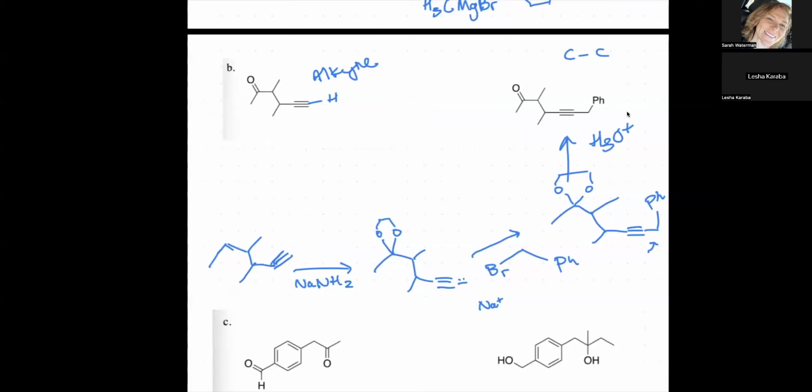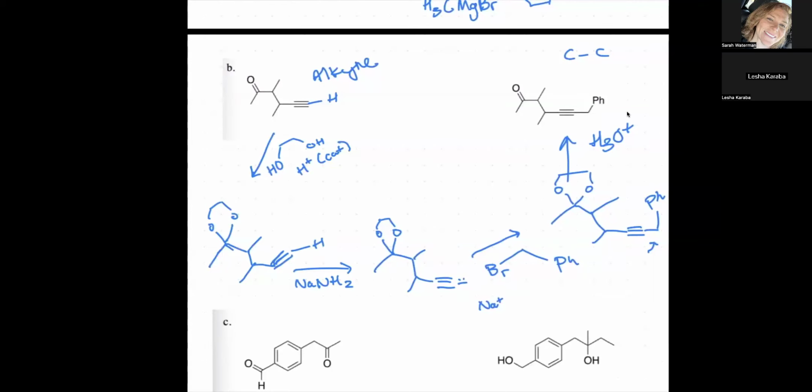Okay, so 1, 2, 3, and then there's our hydrogen that this strips off. That's why I have this here. Not going to lose anything. We protect the ketone so nothing happens to it.